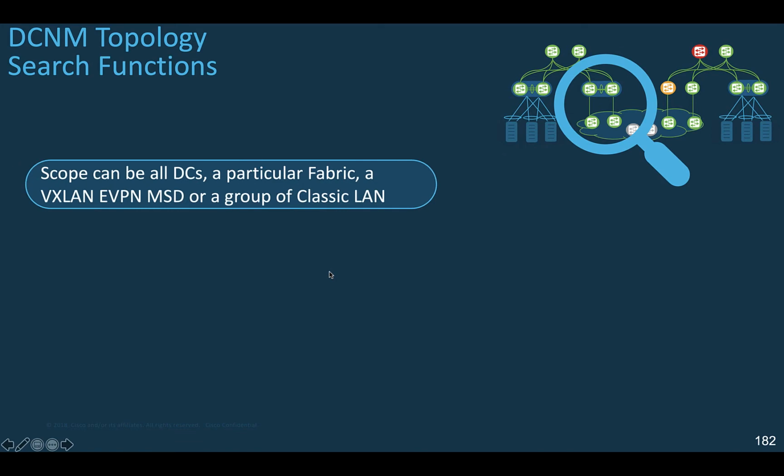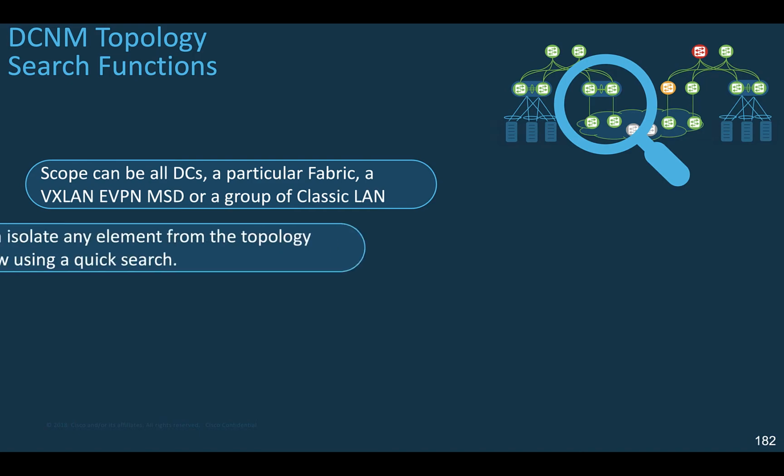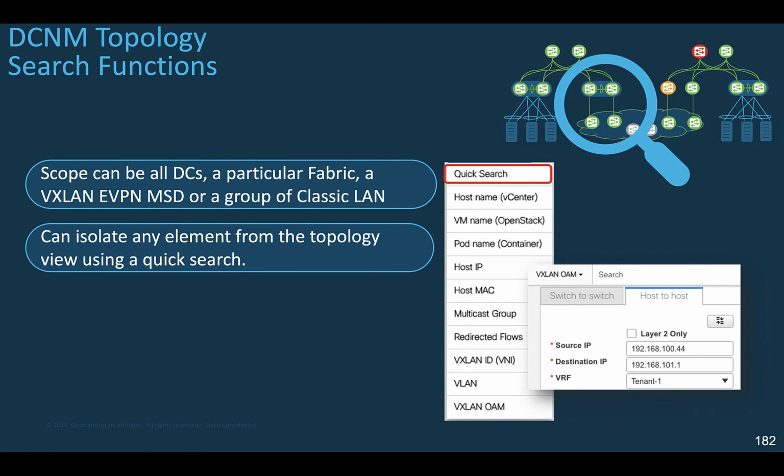You can view one fabric or all fabrics that belong to your data center infrastructure or all fabrics part of multi-site domains. And you can have a classical LAN and VXLAN VPN fabric or external fabric all in one single pane of glass. You can do a search on any component, an IP address, a MAC address, a VLAN ID, a VXLAN ID.